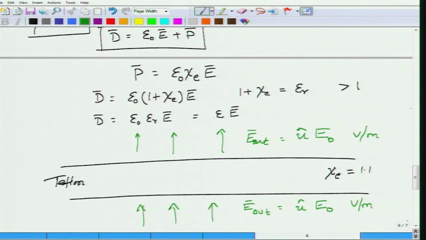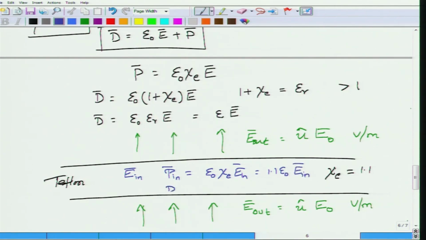Now what can I say about the fields inside the dielectric? Well, all I can say about the fields inside the dielectric is, if E in stands for the field inside the dielectric, then P in, the polarization vector or the dipole moment density, would be equal to epsilon 0 chi e times electric field in, which is 1.1 times epsilon 0 times the inside electric field E in.